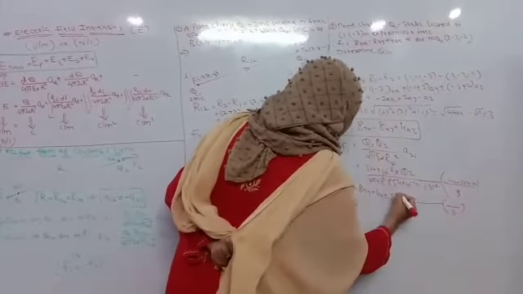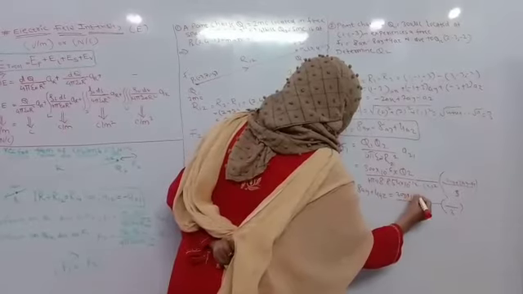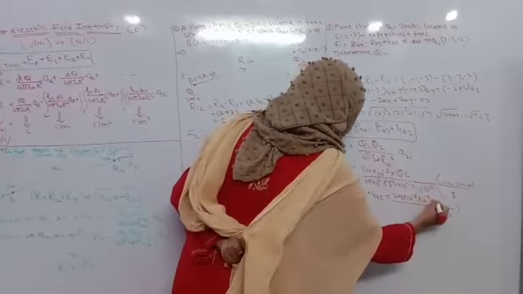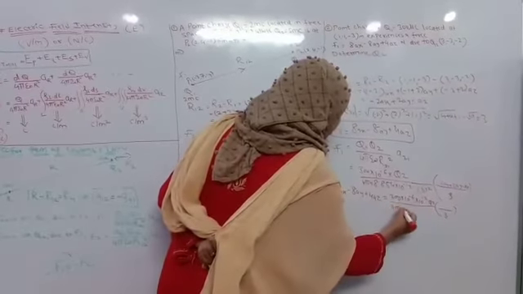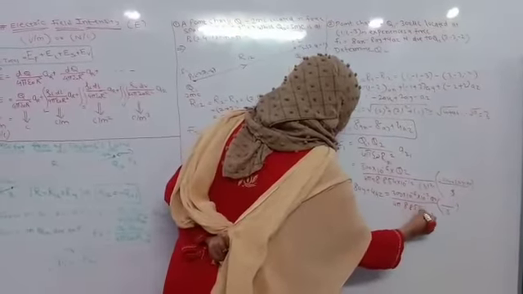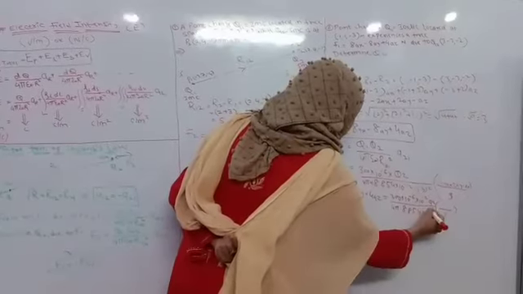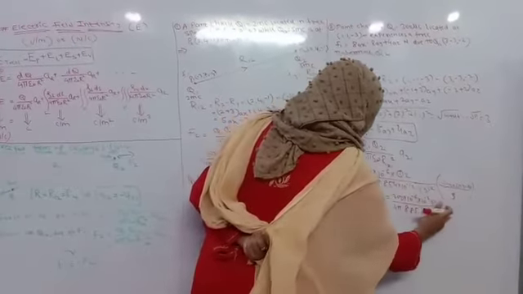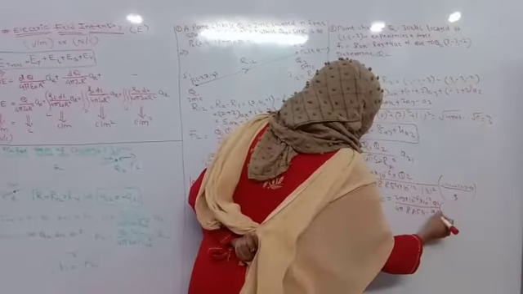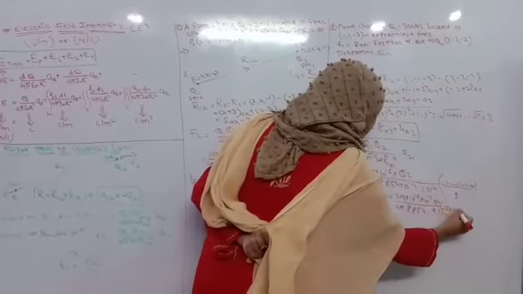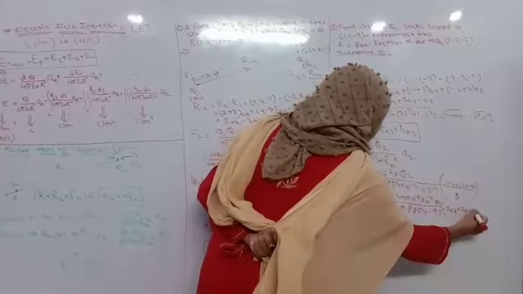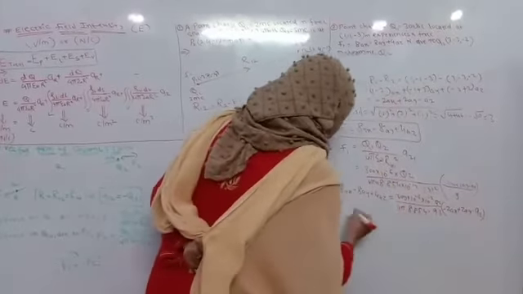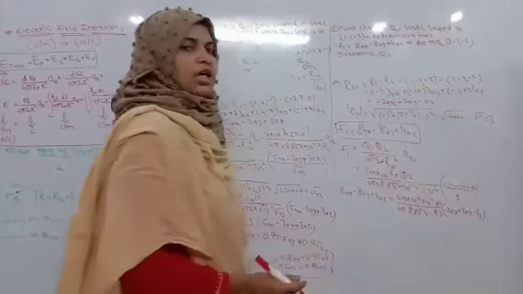Again 300 into 10 raised to the power minus 6, I am taking above 12, into Q2. Here will be 4 pi into 8.854 into 9. This 9 and 3 will be here. You can take the outside also and directly note the equation, that is minus 2ax plus 2ay minus az. After simplifying, which is the unknown parameter?